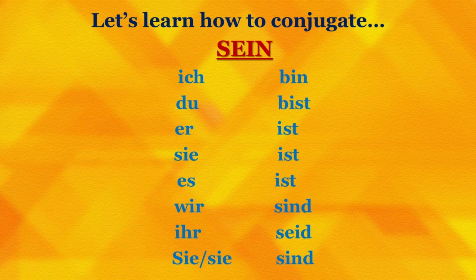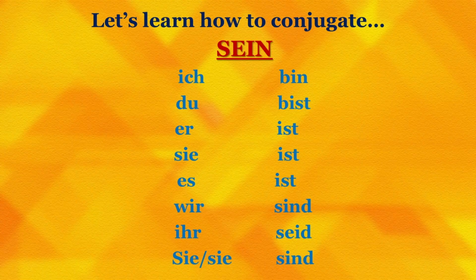Therefore, it does not have any set pattern of conjugation as you can see. Therefore, it needs to be learnt as it is. So, ich bin, du bist, er, sie, es ist, wir sind, ihr seid, sie sind.